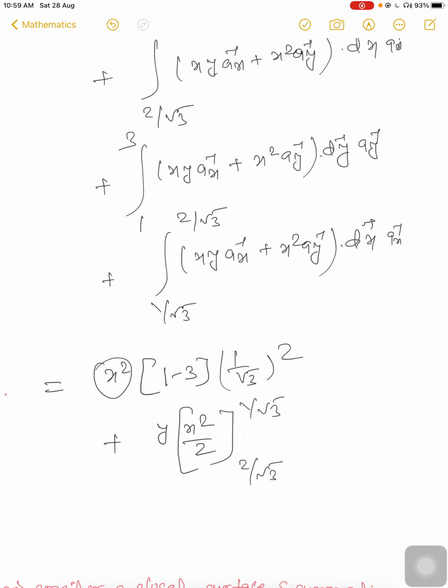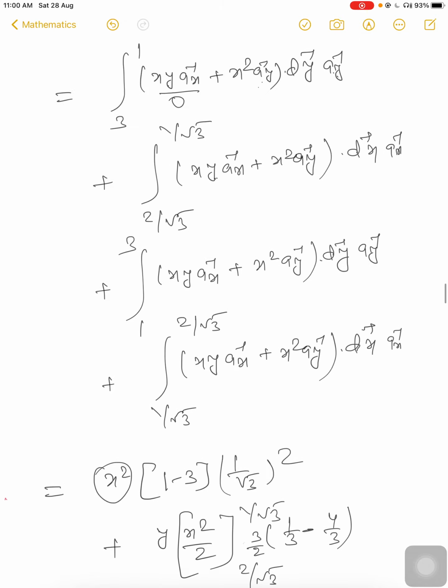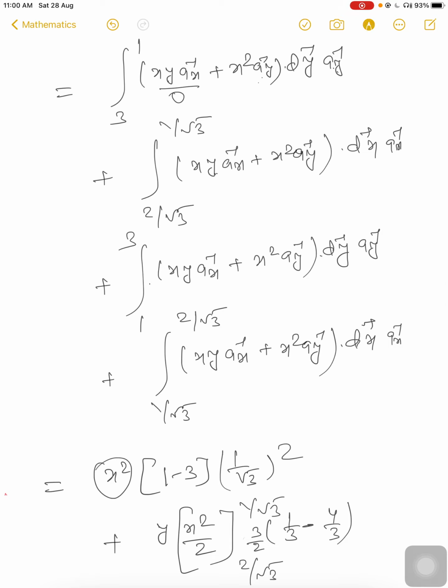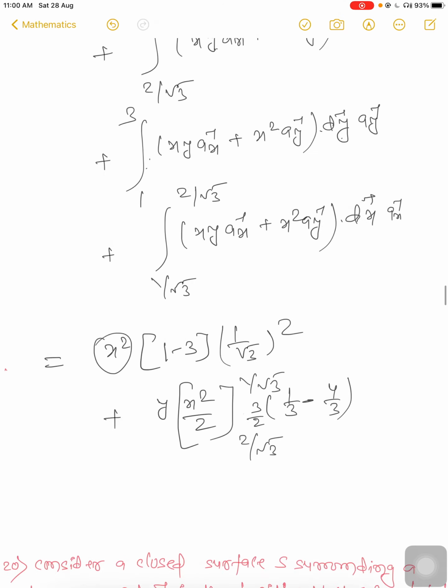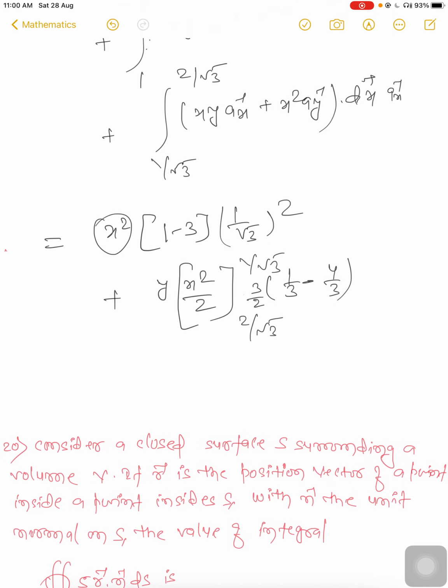We have to take care of it here. So here we can say that it is equal to 3 into 1 by 3 minus 1 by 3 minus, taking 2 outside, 1 by 3 upon 4 by 3. And for this one, for 1 by 3, once again dy, for here only y, x square is constant, and the x value is 2y root 3.